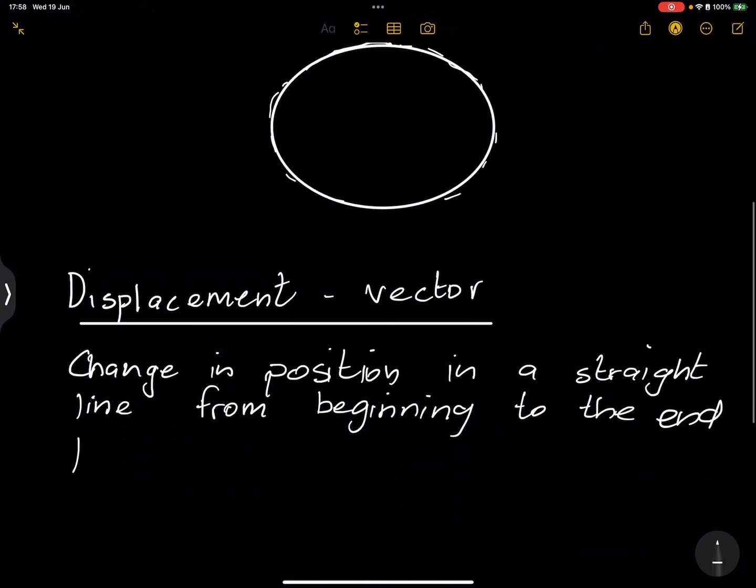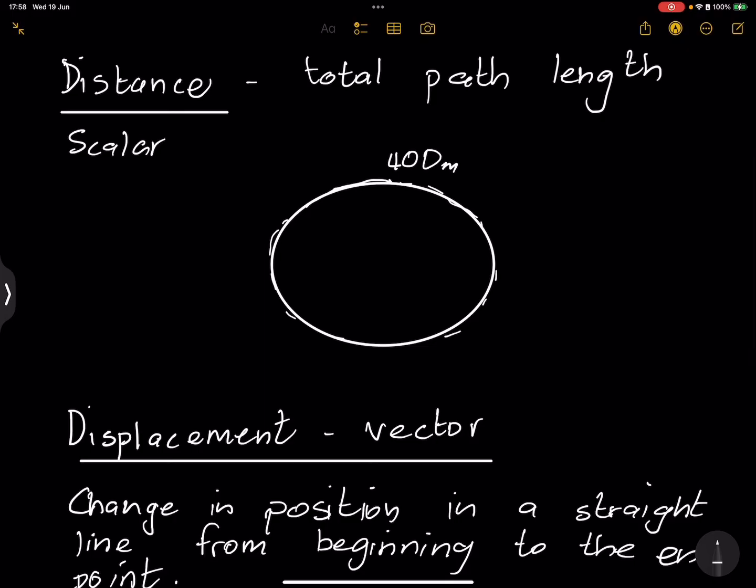All right, now in this case, let's go back to the story of our field. We traveled around the field and we went back exactly to the point where we started.